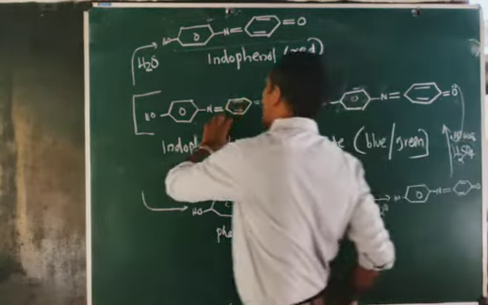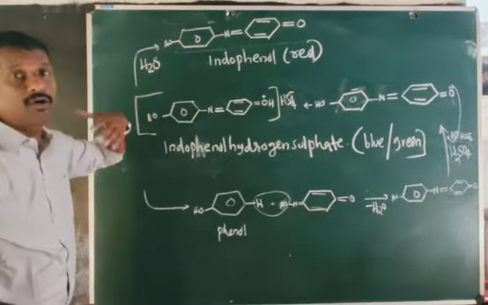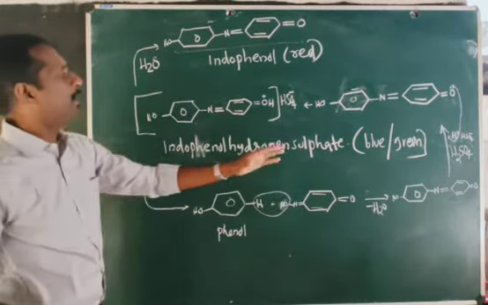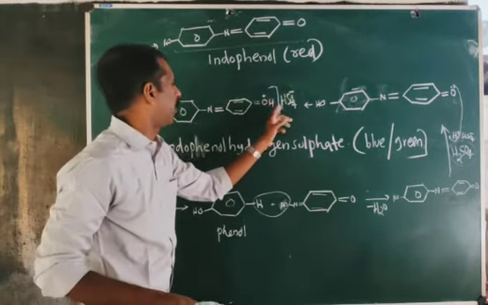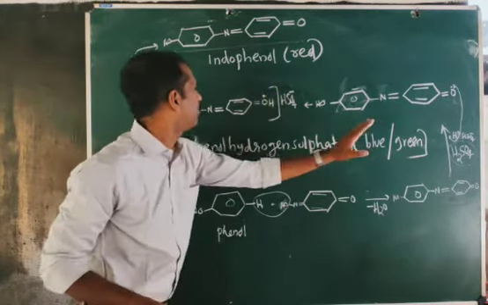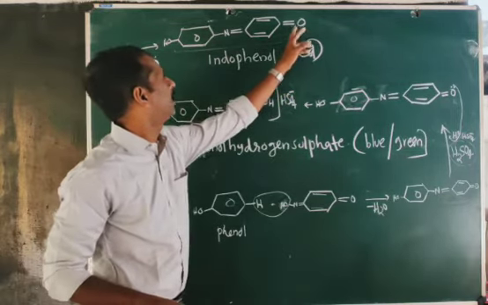Now this indophenol hydrogen sulfate, when you add more amount of water, excess of water, what will happen? This protonated oxygen will undergo deprotonation. This H plus is again removed, and we get this compound.